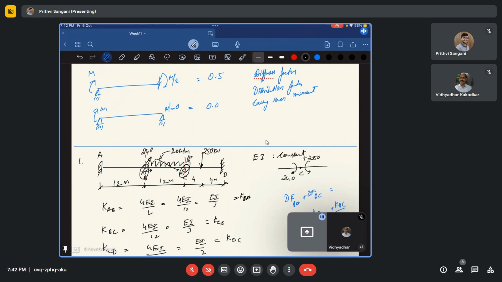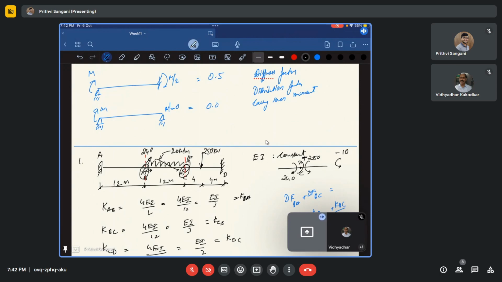So the net moment in the joint is going to be minus 10, right? If that is minus 10, I need to apply plus 10, clockwise 10 here, to negate the moments. So I need to apply a moment of 10 in positive direction at that joint.